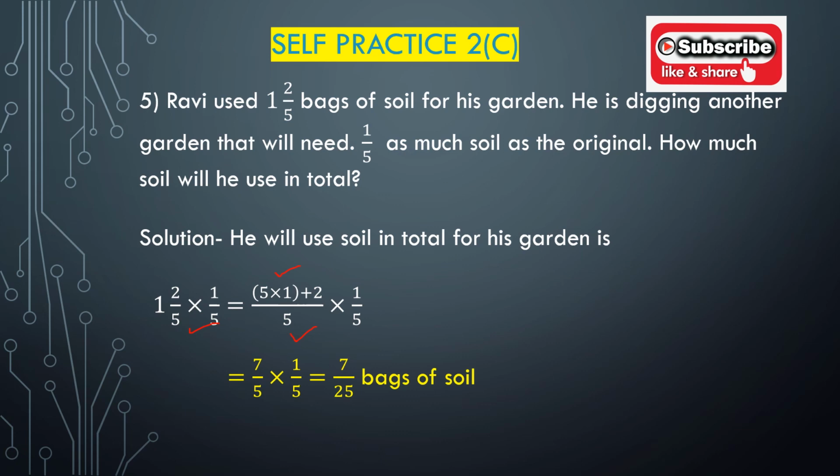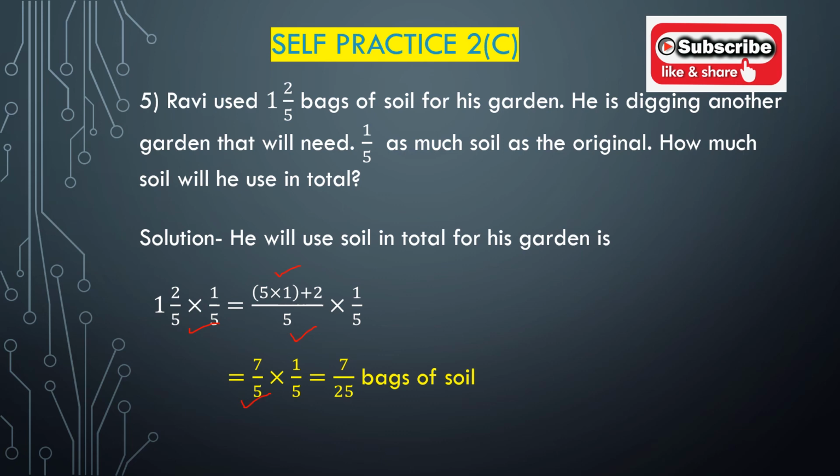Denominator multiplied with whole plus numerator divided by denominator, that is converting a mixed fraction into an improper fraction. So we get 5 multiplied with 1 plus 2 divided by 5. That is 5 multiplied with 1 is 5, 5 plus 2 is 7, 7 divided by 5.